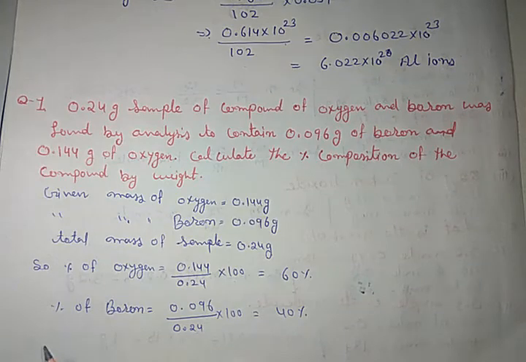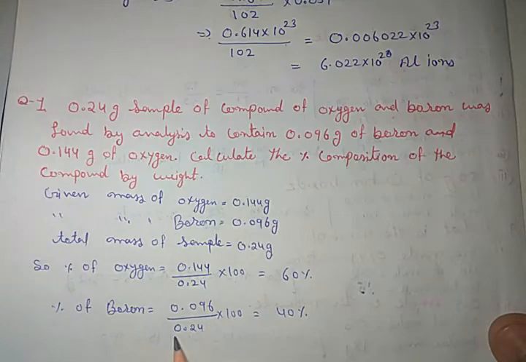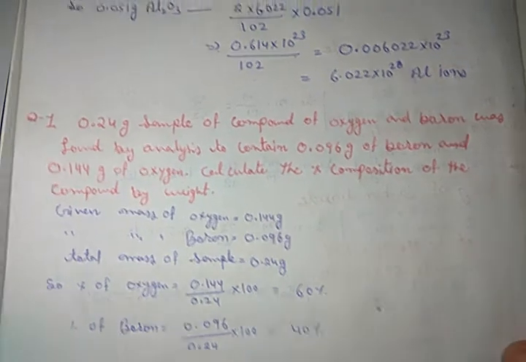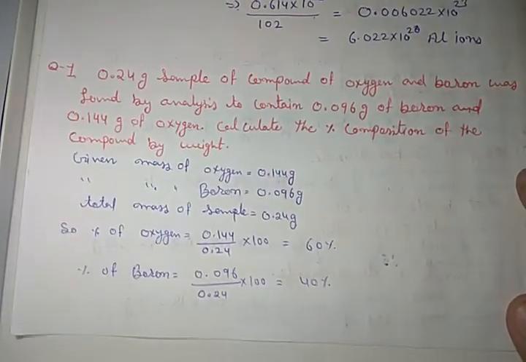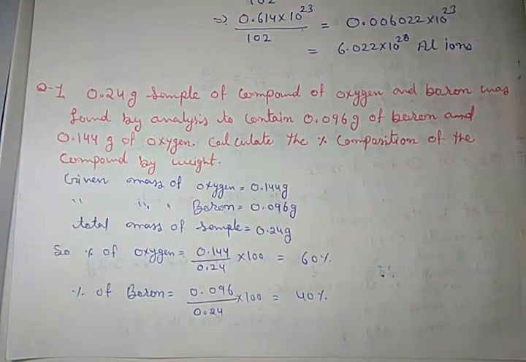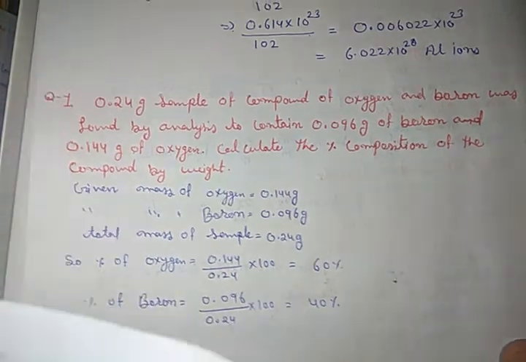Got it? Similarly, percentage of boron is 0.096 divided by 0.24 multiplied by 100, so the answer becomes 40%. Clear? In this way we can solve the numericals based on percentage composition.